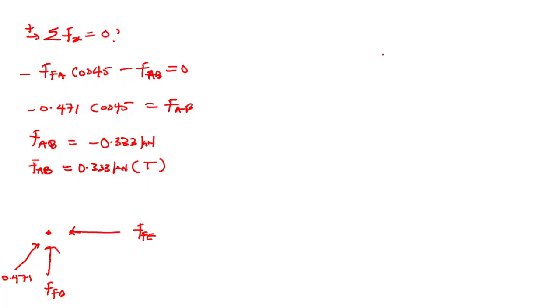So if we take the summation of movement in the vertical direction, and this is our positive, it means we have FFB plus 0.471 cos 45 equals 0, right?